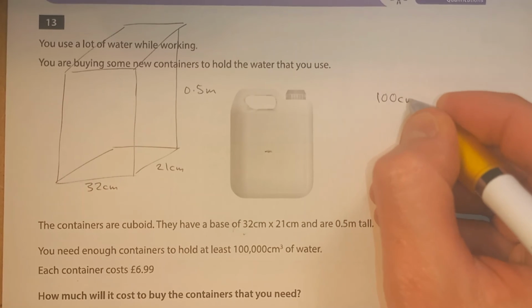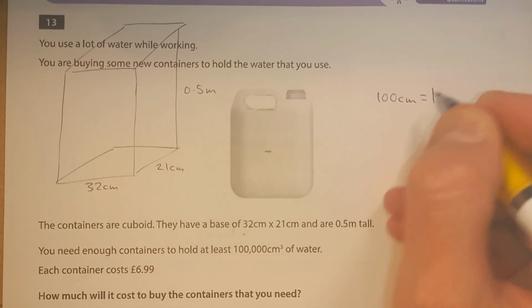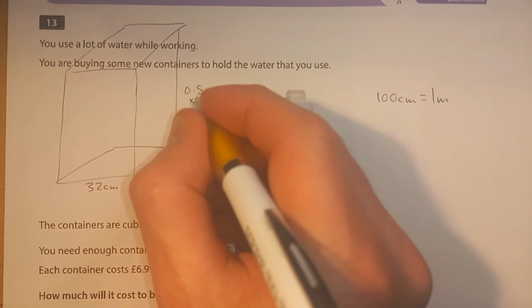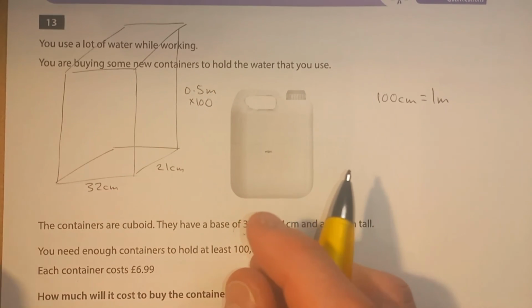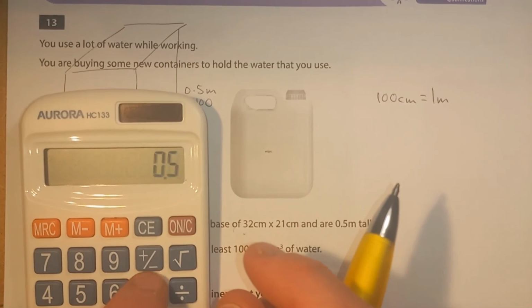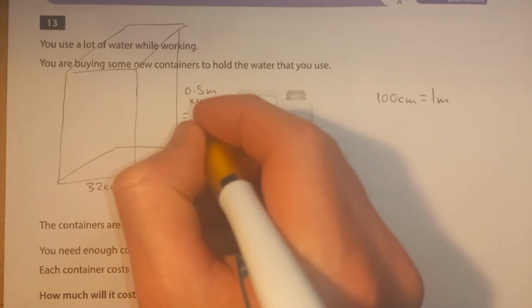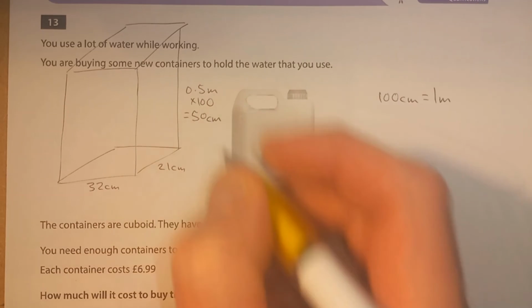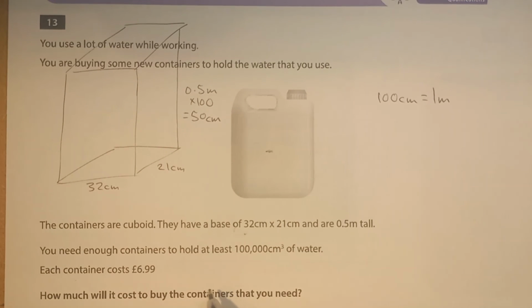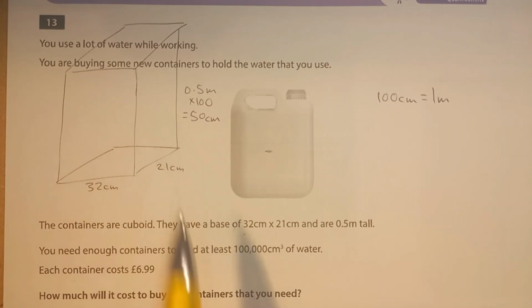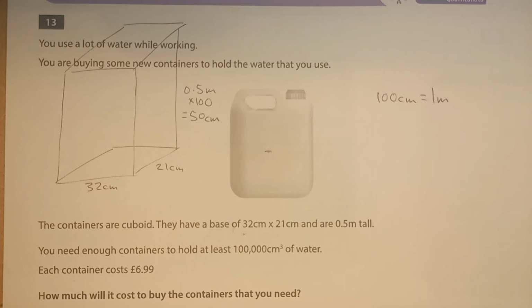Now I know there's 100 centimeters in a meter, so if we multiply that by 100, we're going to get 50 centimeters.